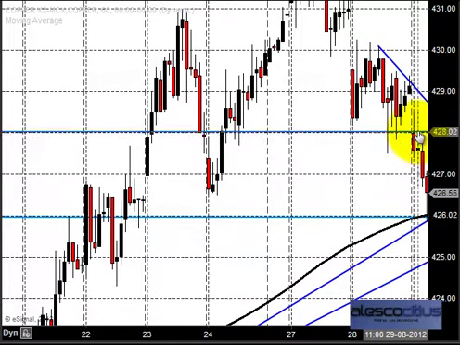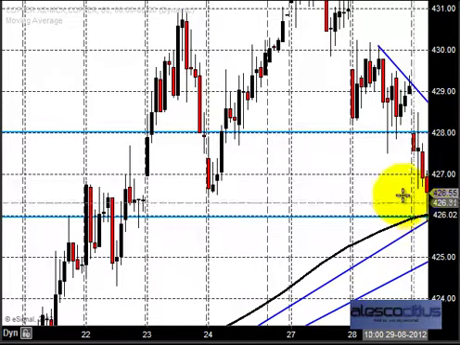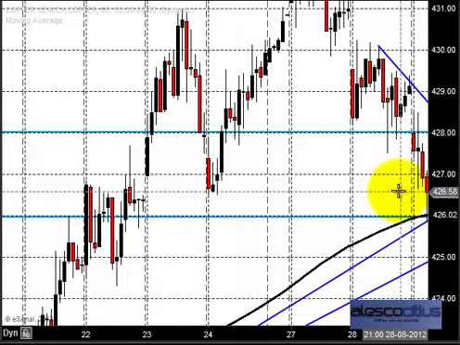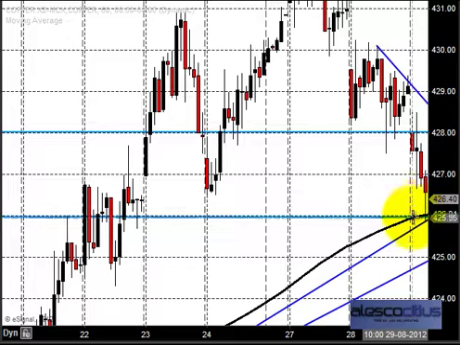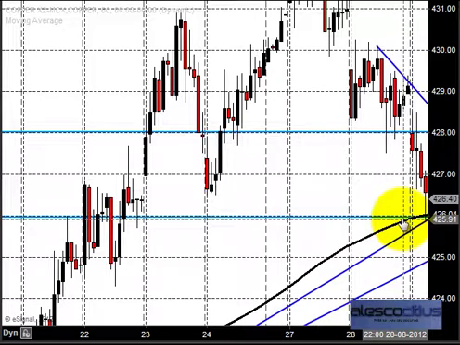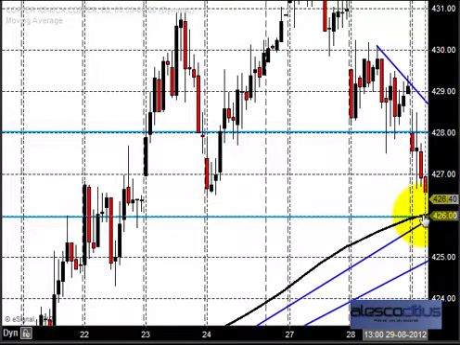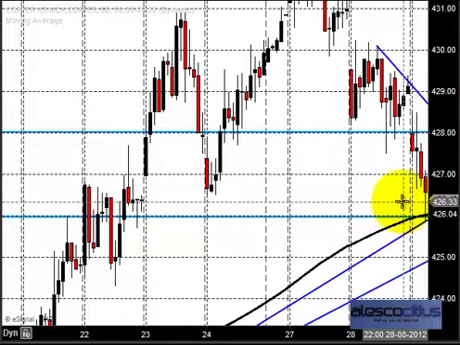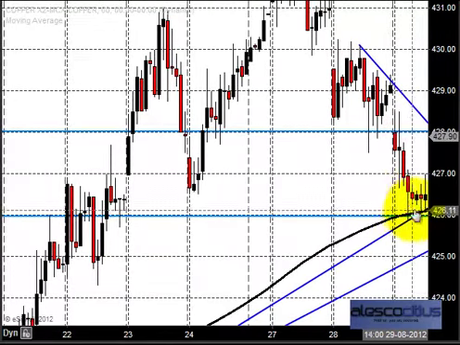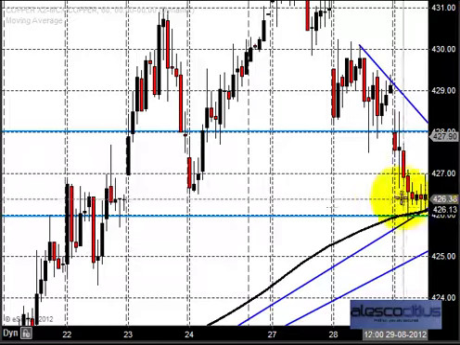After this resistance, you can see the market came down and tested this 426, which was also supported by the moving average. We notice the average coinciding exactly with the major support. The market took support around this zone and consolidated here for a long time.